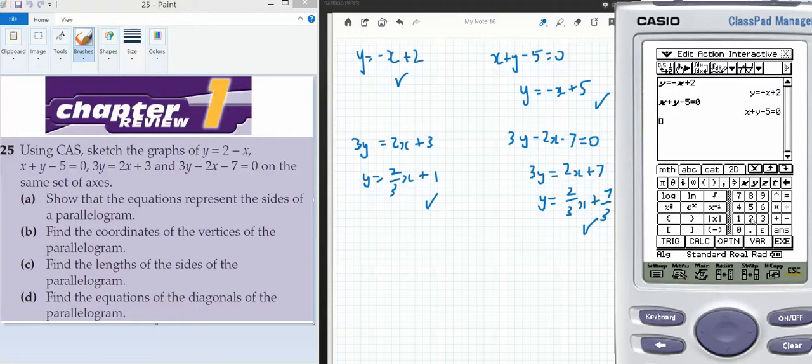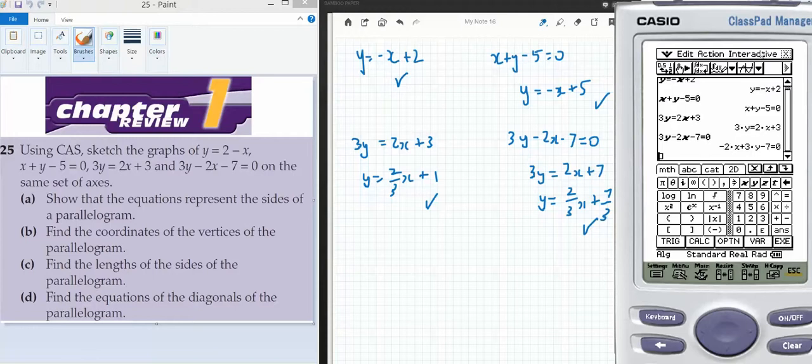And I've got 3y equals 2x plus 3. And I've got 3y minus 2x minus 7 equals 0.